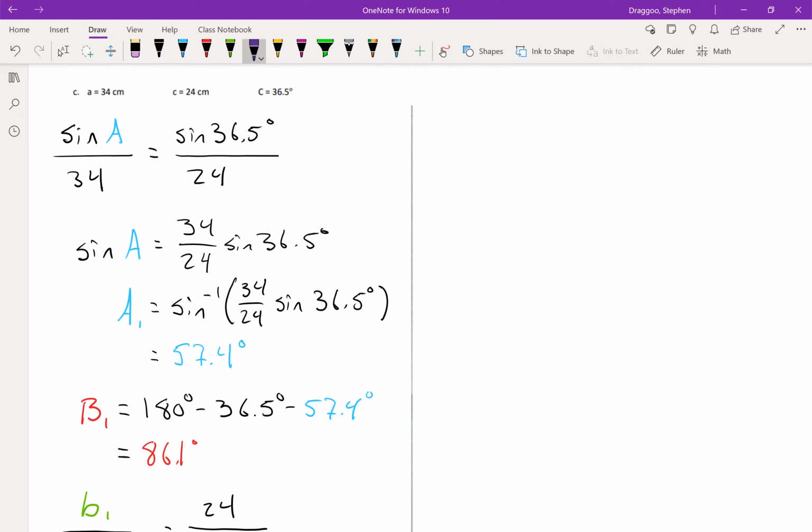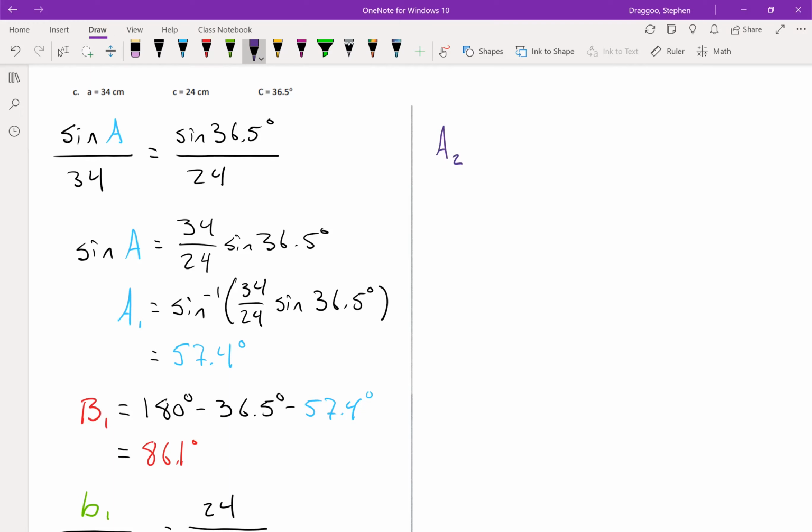So to get that other starting angle, I wanted the one that still solves sine of A is equal to that number, which means that this angle should have the same reference angle as A1, but it will be in the second quadrant.